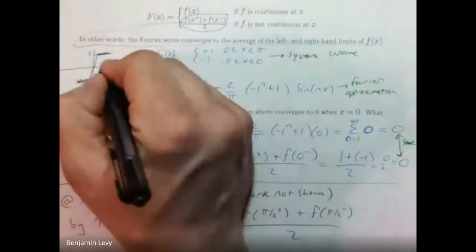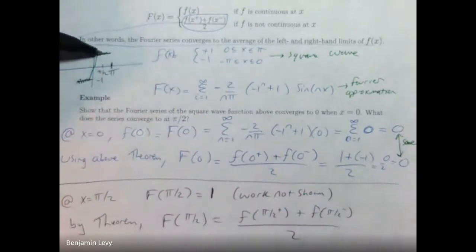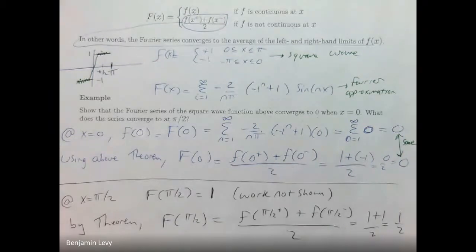So pi over 2 is up here on the 1 part. And so the left and the right-hand limits are both 1 at pi over 2. In other words, this would end up being 1 plus 1 over 2, which is, I'm sorry, 1. I meant to say 1.